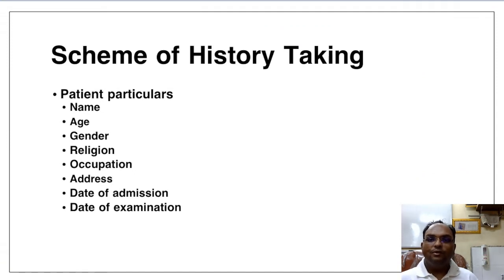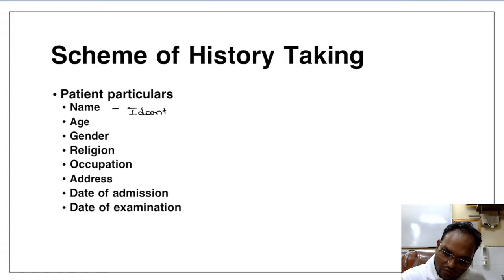So, the scheme of history taking: first, as you can understand, we begin with the patient particulars. It begins with the name, for the identification of the patient. It can also be useful to understand the religion of the patient, which is associated with specific diseases, like non-circumcised males, those who are not Mohammedans or Jews.